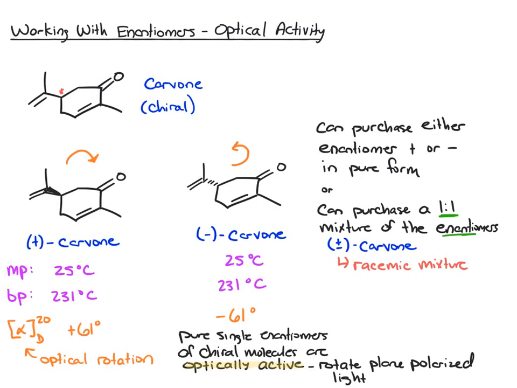So now, if you think about the plus-minus carvone, the racemic mixture, you have a 1-to-1 mixture of the two enantiomers. So if you pass this plane polarized light through that solution, half of the molecules will rotate the light to the right. The other half of the molecules rotate it to the same magnitude to the left, and it cancels out.